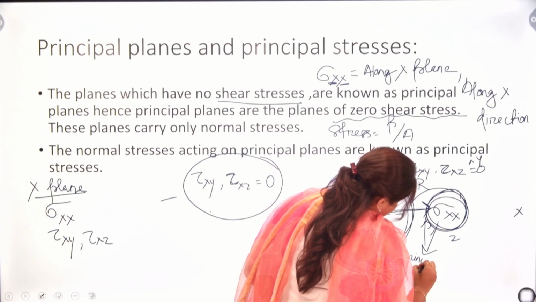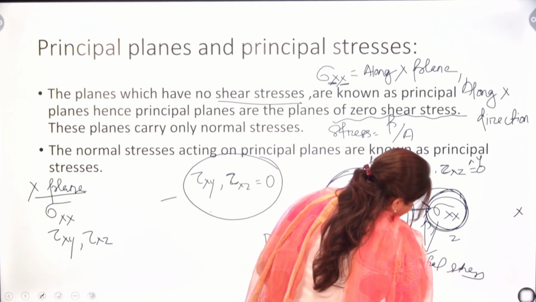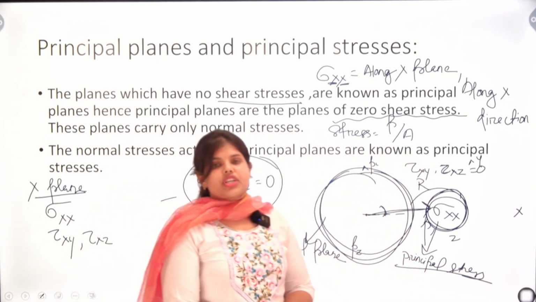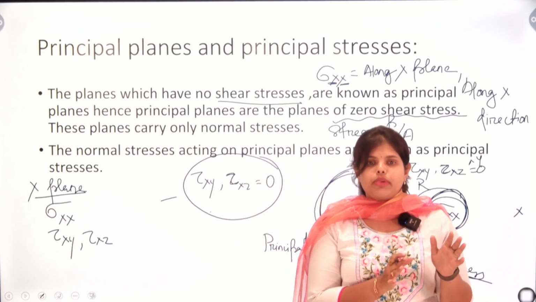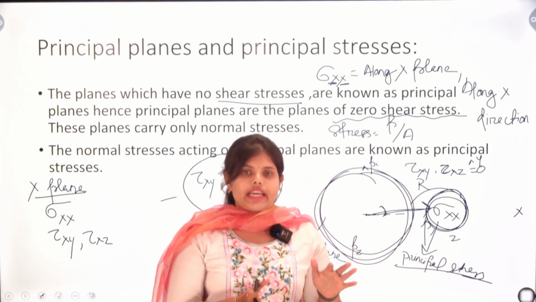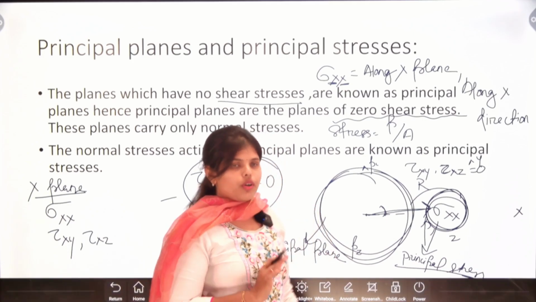Principal stress. In case of any plane, if shear stress is 0, that we will term as principal plane, and the stress, that is normal stress present in that principal plane, we term as principal stress. Okay.